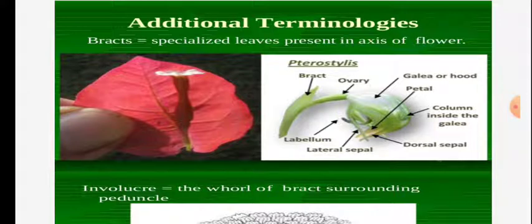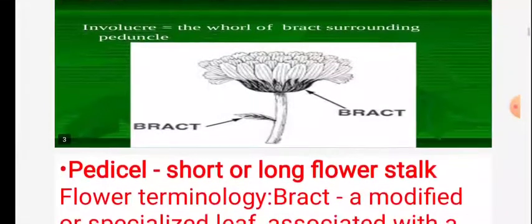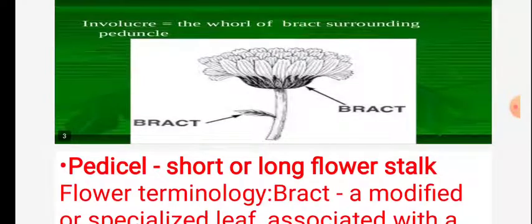Here you see the right-hand side photograph, with the petals, an example of Pterostylis, and then there are flowers with sepals and petals. Our sunflower is the common example. There are many bracts surrounding the peduncle, and together they form an involucre.